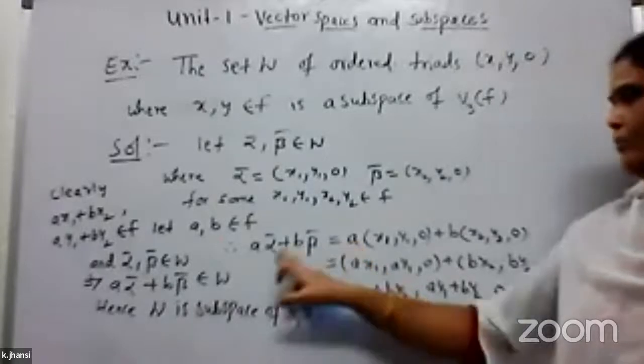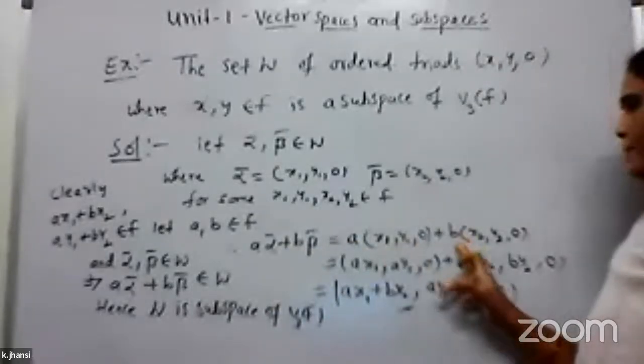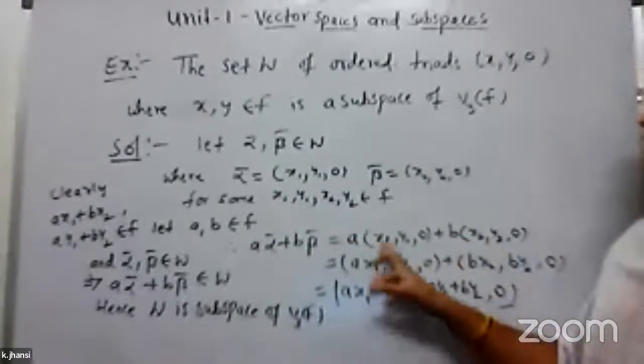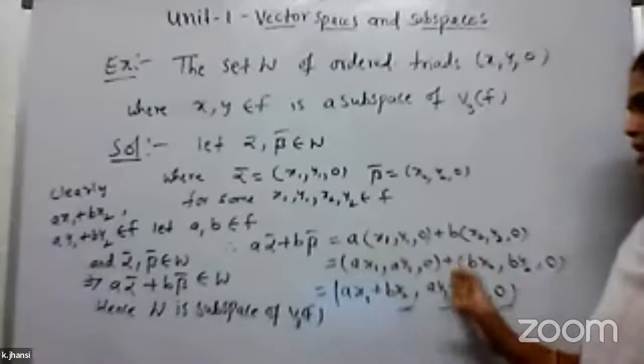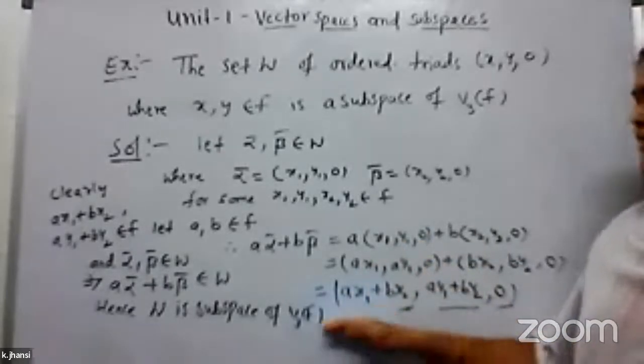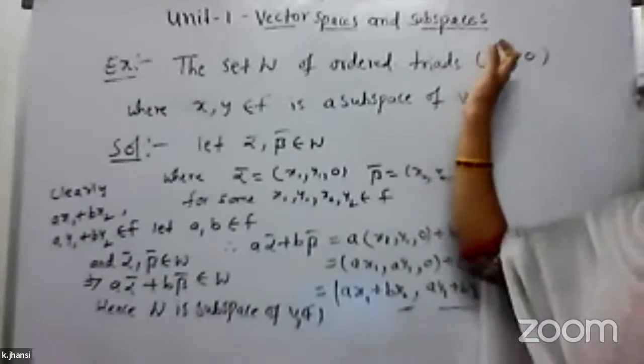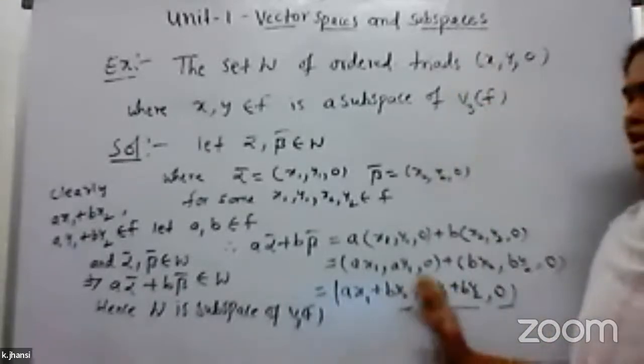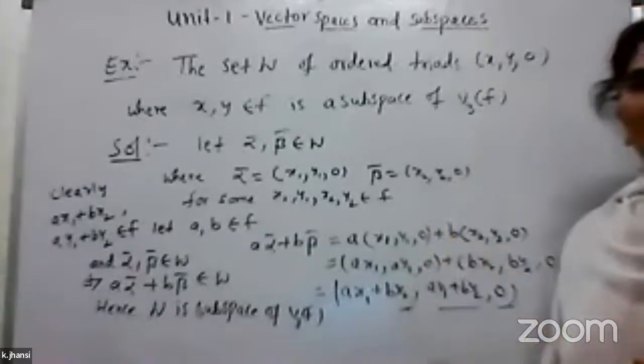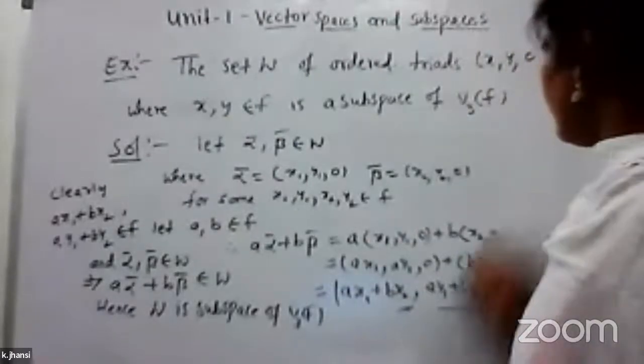When you do the scalar multiplication and add, the resultant is in the form of the given set. So it belongs to W. Therefore, W is a subspace of V3 of F. So like this, you have to solve subspace problems.